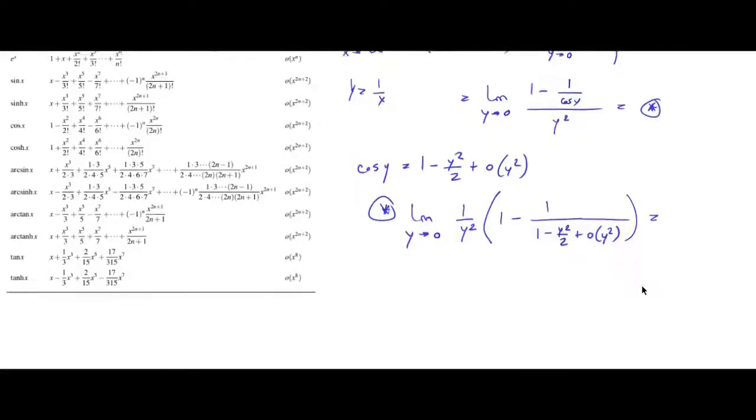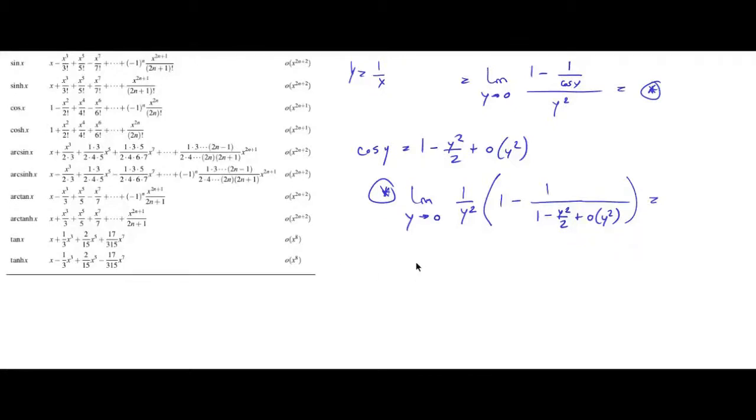And then we can take everything in the same fraction, right? So we have the limit when y goes to 0 of, and then this is 1 minus y squared over 2 plus small o of y squared minus 1, right? All of this divided by, and then we have y squared minus, and then y squared times y squared over 2 is y to the fourth, but this is small o of y squared, so this is automatically small o of y squared, right?